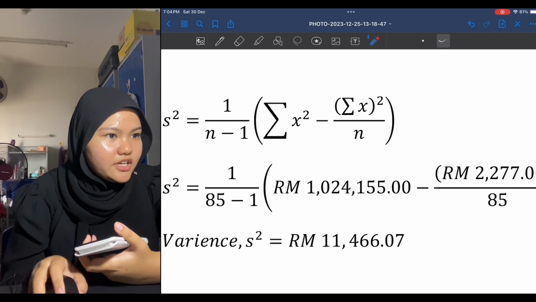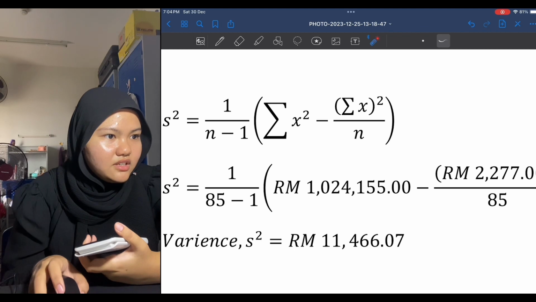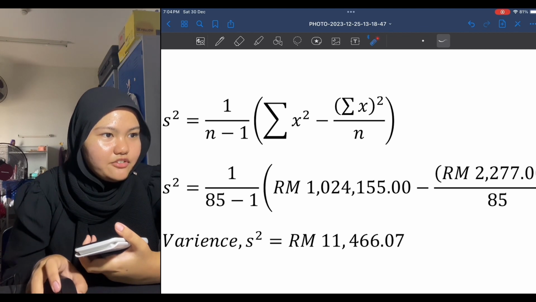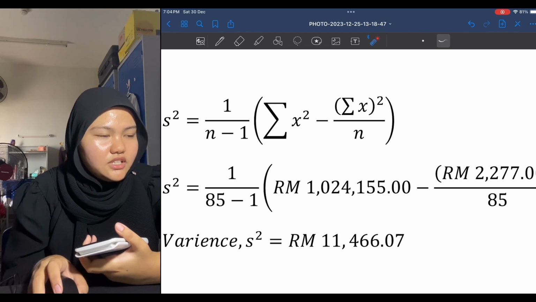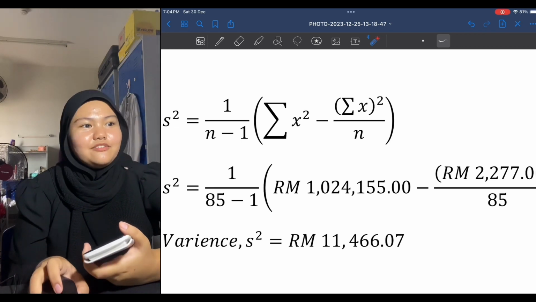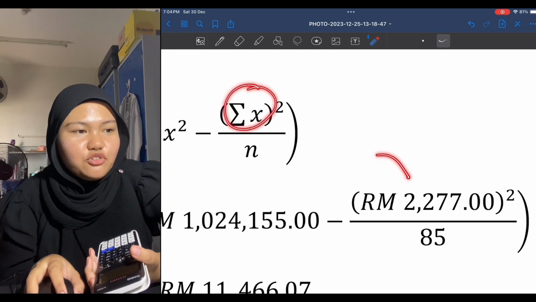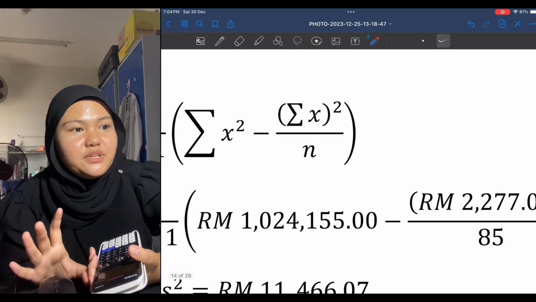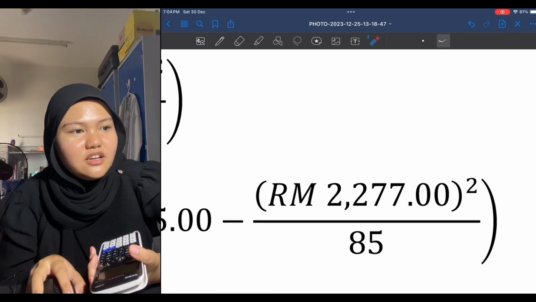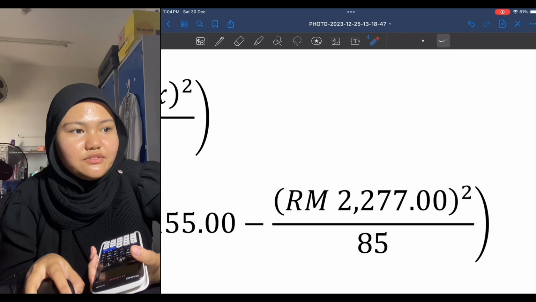Where's our MOD? Okay, we already get the value of the total sum of the data that has been to the power of 2. Then we put the value of the total data, just normal total data like the same from the mean, which we already calculated, which is 2,277 ringgit.